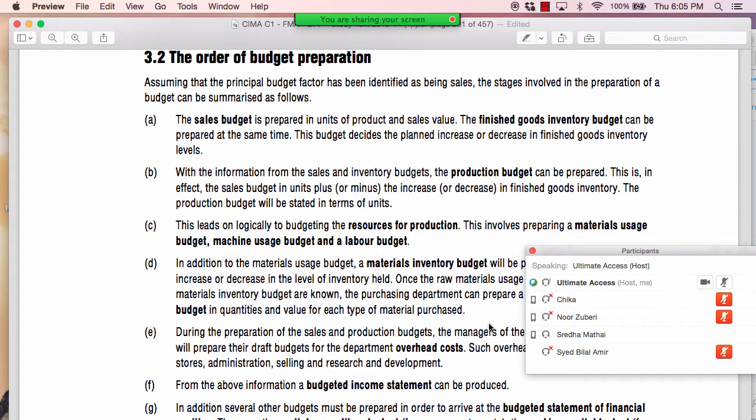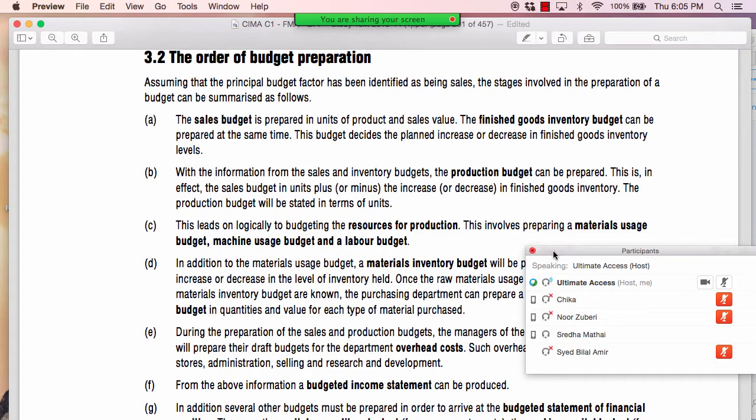There is a fixed expenditure, whether we like it or not. But there are certain other expenditures which are variable, correct? The variable ones will vary according to what? According to our sales, right? That's the driver here, your sales.